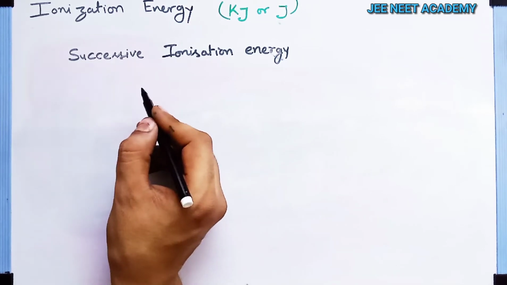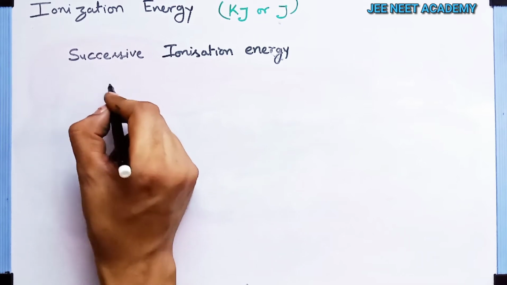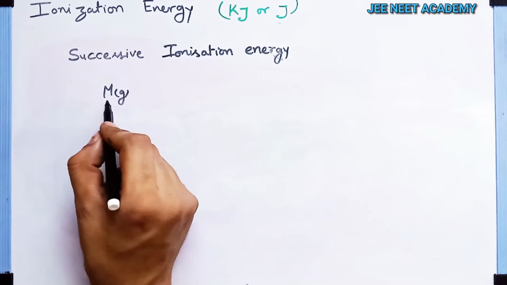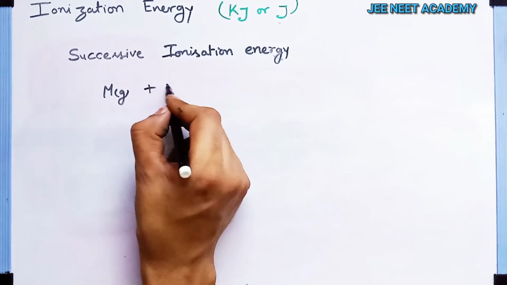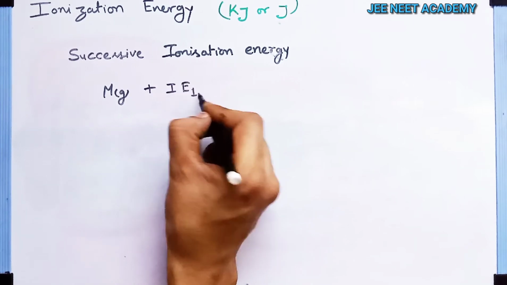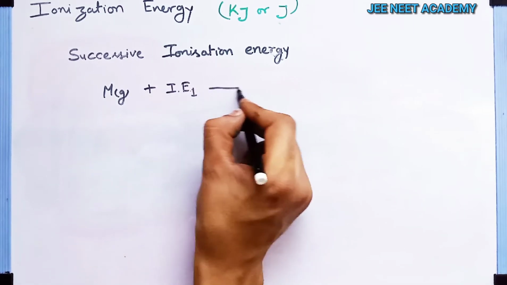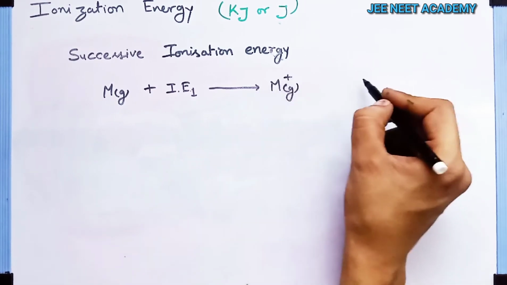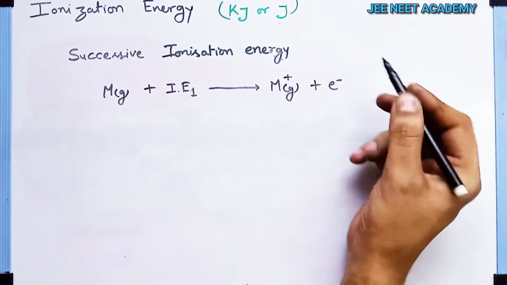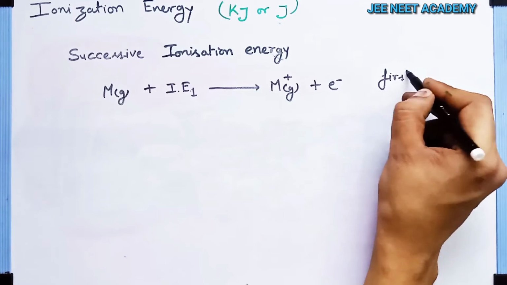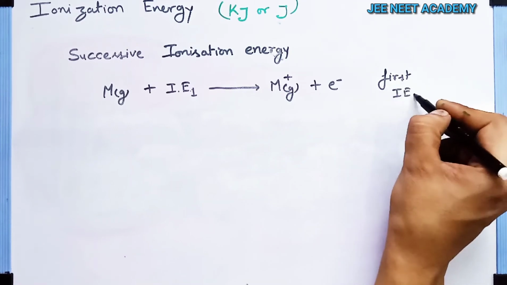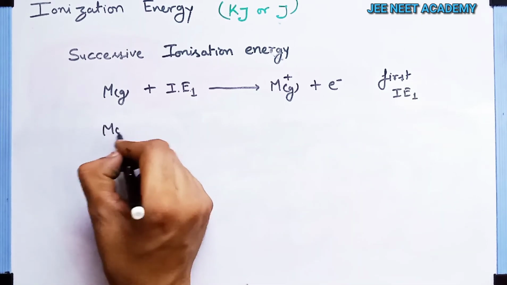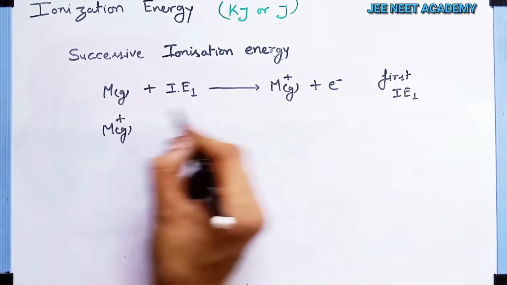So suppose you have a gaseous element, M gaseous, and you are giving the ionization energy, which we will write as IE1. It will form a gaseous cation, and one electron will come out. This is called the first IE, IE1, first ionization energy.